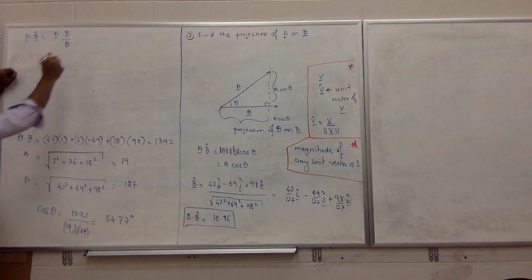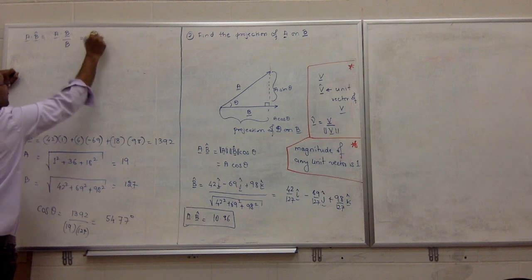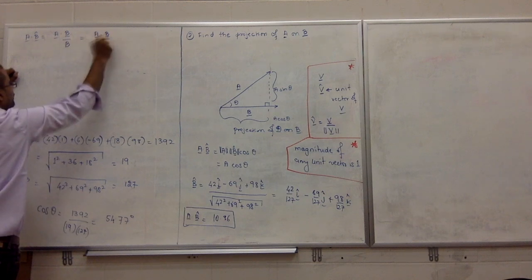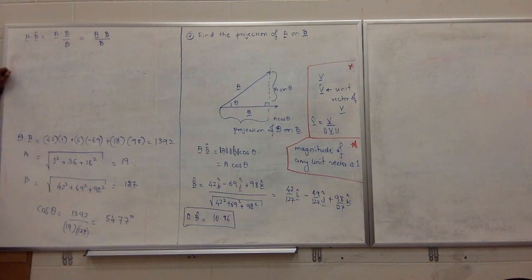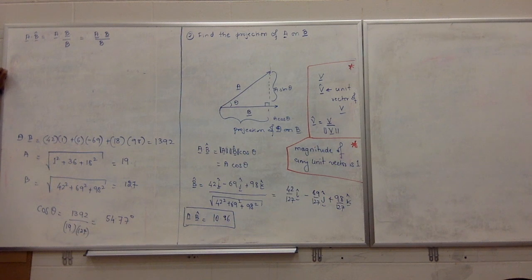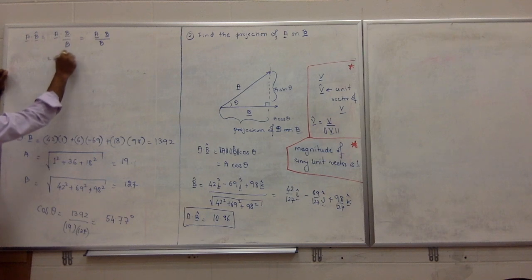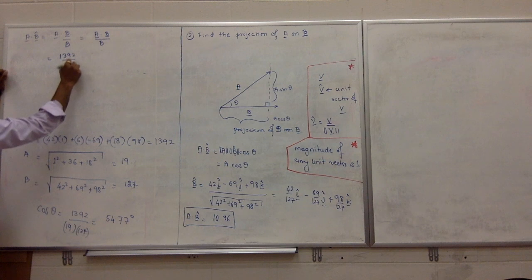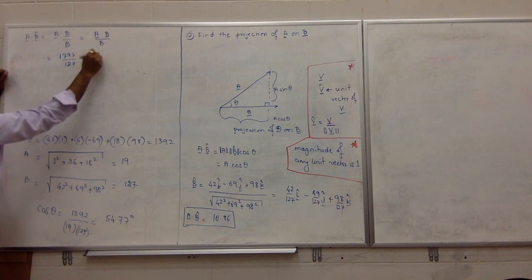So can I write this as A dotted with B divided by B? Right. What is A dot with B? It will be 1392 divided by B, which is 127, which is 10.96.